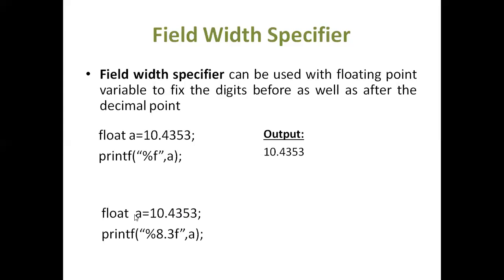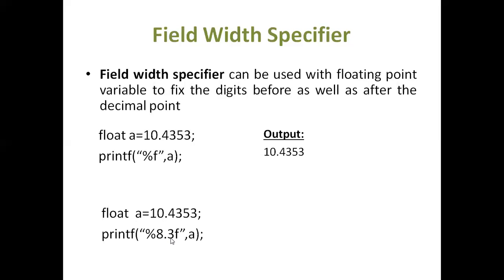However, if you write down float a equals 10.4353, and in the field width specifier we have written %8.3f, this is the field width. It is telling us that a total of 8 spaces will be reserved, and after the point, only 3 values will be printed.